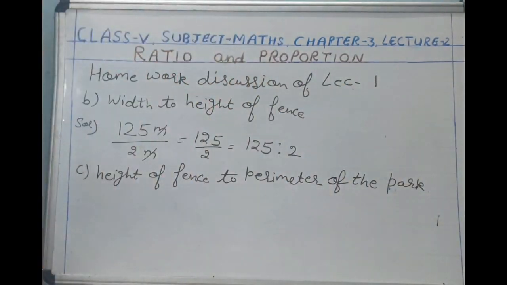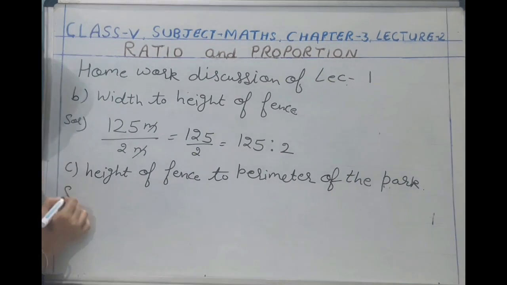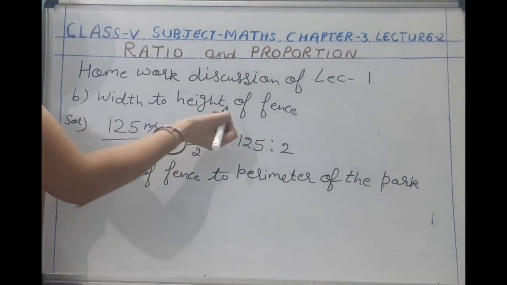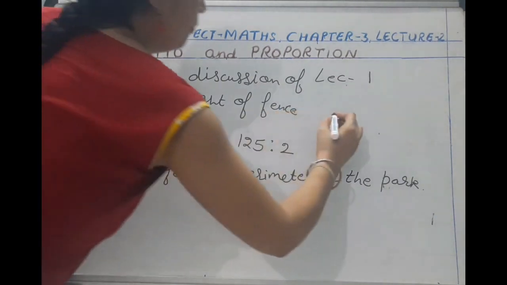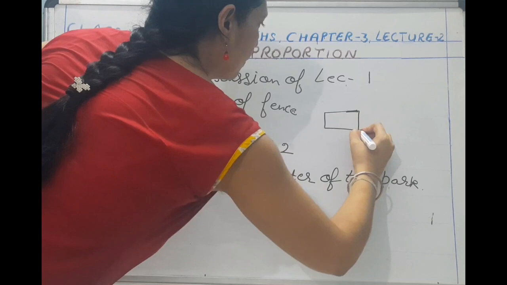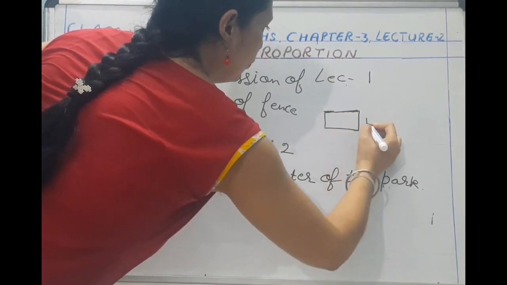Okay, now see. Height of fence to the perimeter of the park. First perimeter. Park is rectangular as length is 150 and breadth is 125.